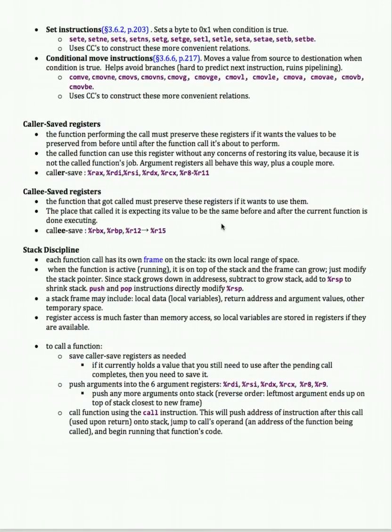The idea of caller-saved registers and callee-saved registers is important for procedure calls or function calls, which is governed by stack discipline.